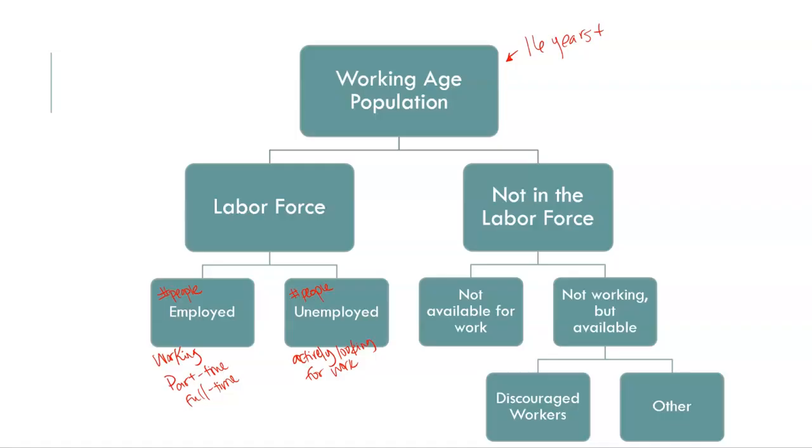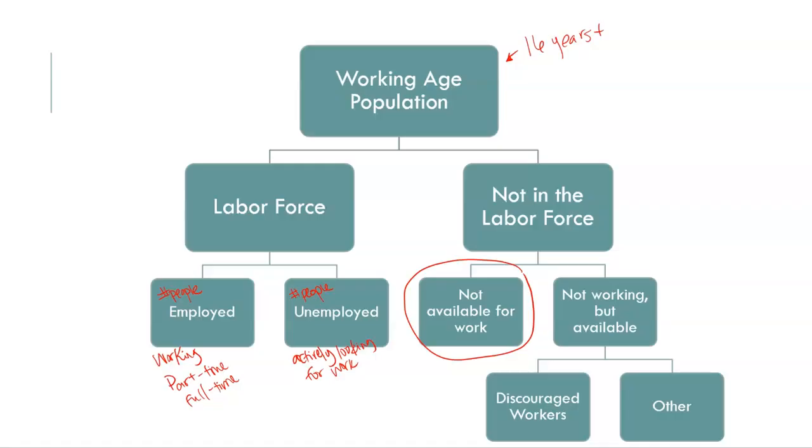And then everyone else is considered not in the labor force. So if you're not actively looking for a job and you don't have a job, you're not part of the labor force. So not in the labor force. First, people who are not available for work. People who don't want to work. This could be like students who are going to school full-time, who are not working.